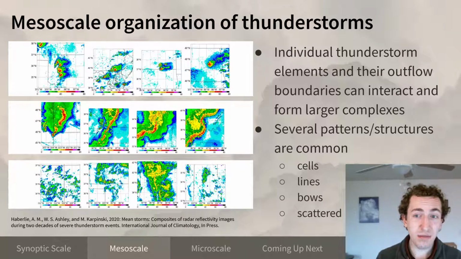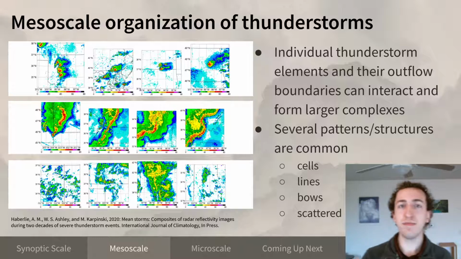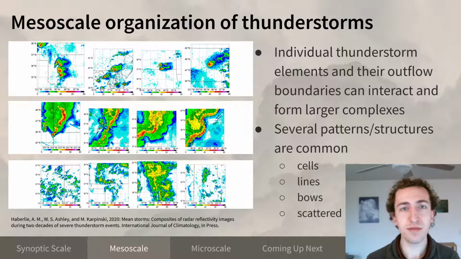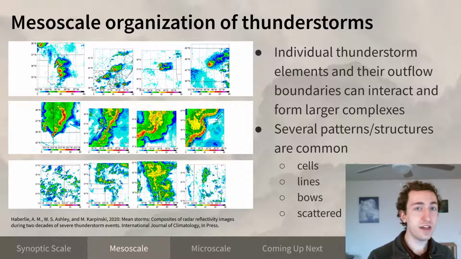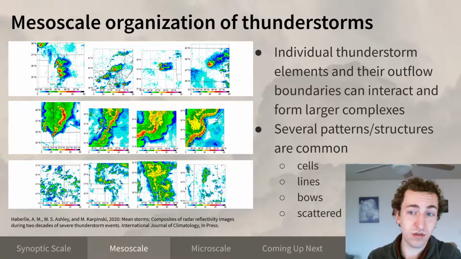The other thing to talk about is that on a mesoscale level, again, up to 1,000 kilometers in scale, these individual thunderstorms and their outflow boundaries can interact to create larger complexes or larger organized structures of thunderstorms. And so we call that the mesoscale organization of thunderstorms.